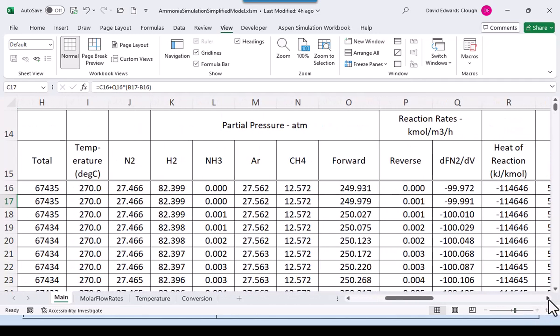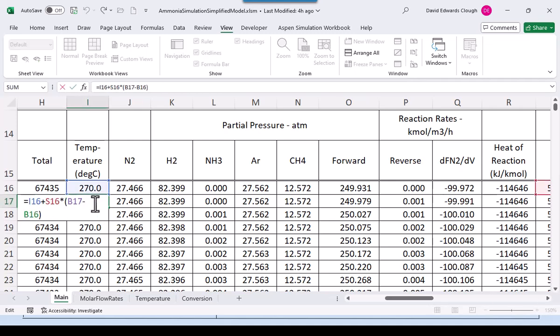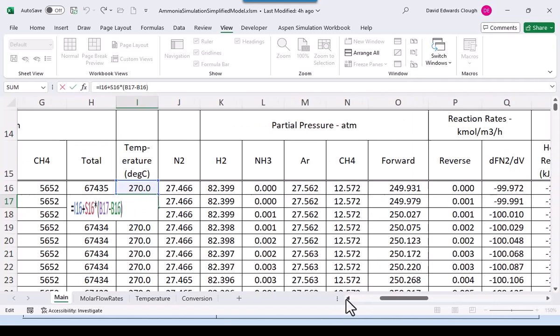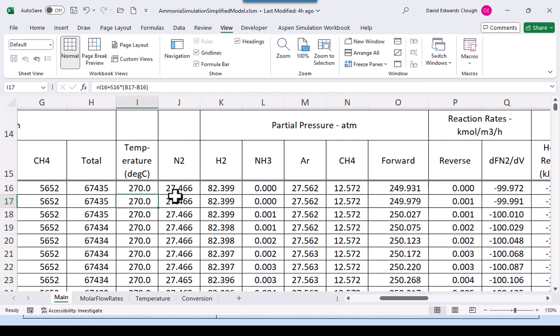And we come over, look at this. And this, again, for the temperature, is the Euler method, where we take the temperature above plus the rate of change of temperature versus volume times the difference, or delta, in volume. So that's how we get the change in temperature.